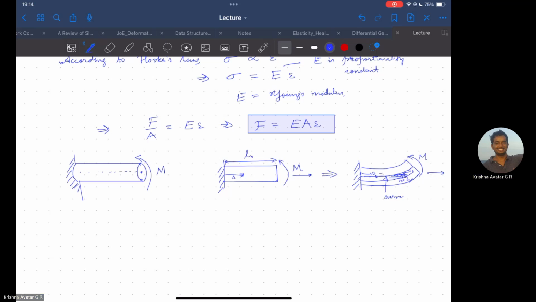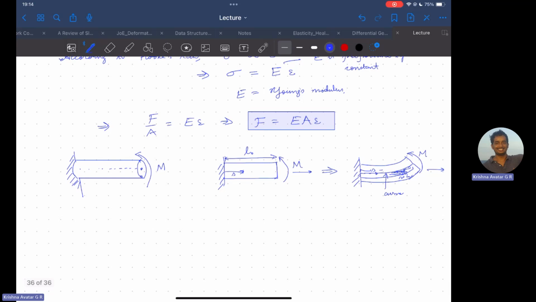So here we have M is proportional to kappa, and kappa is the curvature, which is d theta by ds, as we recall from our rod theory. And the proportionality constant is what we call EI, so M equals EI into kappa. E is Young's modulus, and I is what we call the area moment of inertia.